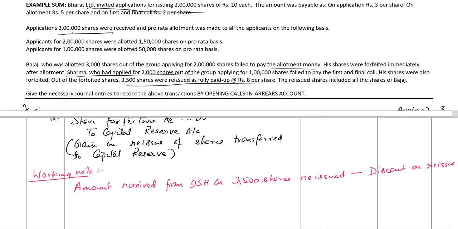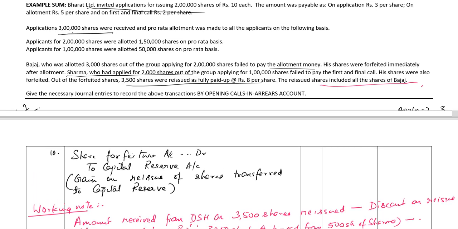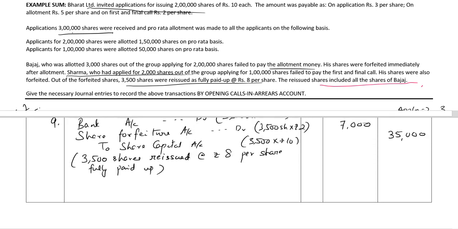The 3,500 shares include all the shares of Bajaj. So it's the amount received from Bajaj's 3,000 shares plus the amount received from 500 shares of Sharma, minus the discount on reissue as per the reissue entry.